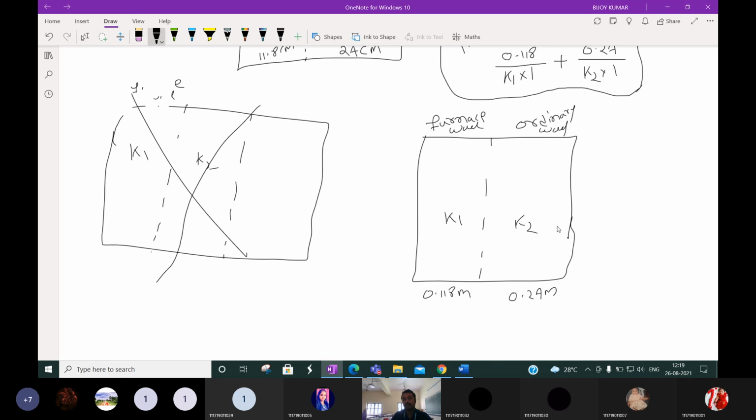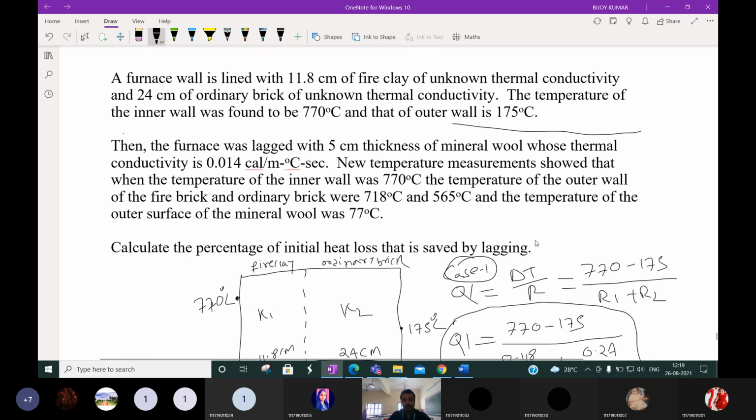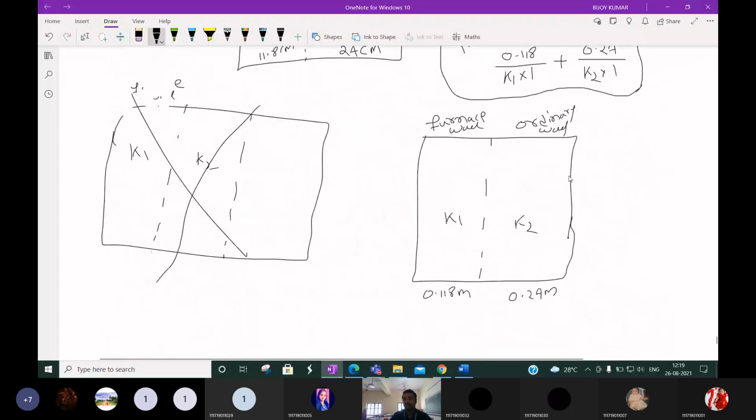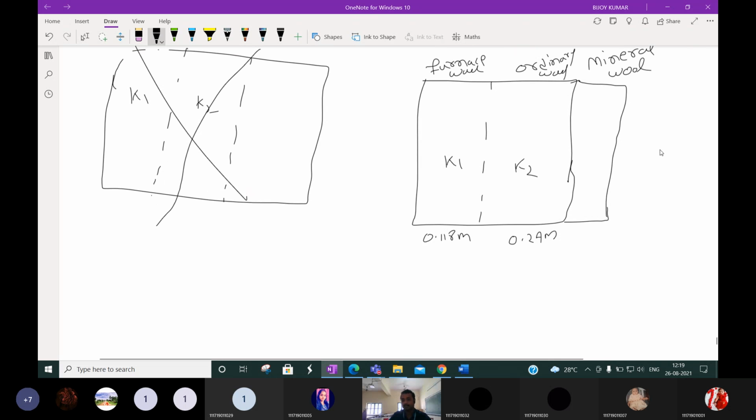Now in this question, what is given? Then the furnace wall was laid with a 5 centimeter thickness of mineral wool, whose thermal conductivity is 0.014. It means another wall, the mineral wool wall, is connected to this furnace wall, a third wall in series.